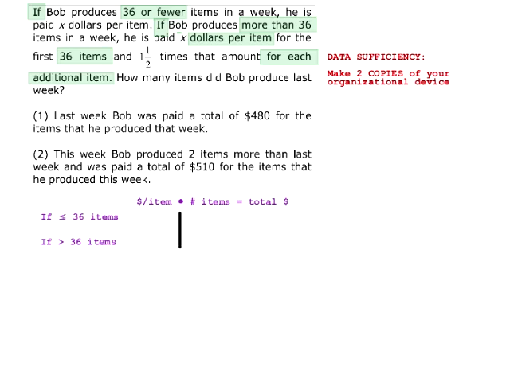And then this is like up to 36. That can apply to both, because in either case, you've got up to 36. That's all you've got in that first row. But then we can just do it again for beyond 36, because we got a different rate.